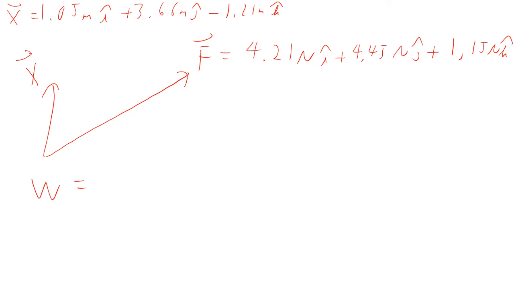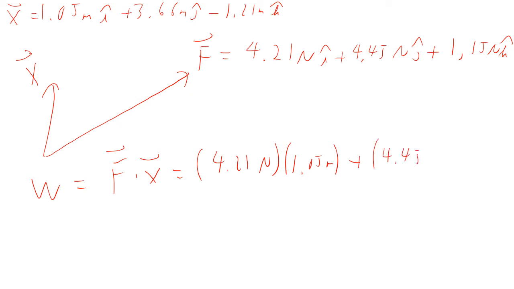Well, that's simple. That's going to be just F dot X. So what is F dot X? That's going to be 4.21 newtons times the 1.05 meters plus the 4.45 newtons times the 3.66 meters plus the 1.15 newtons times a negative 1.21 meters.